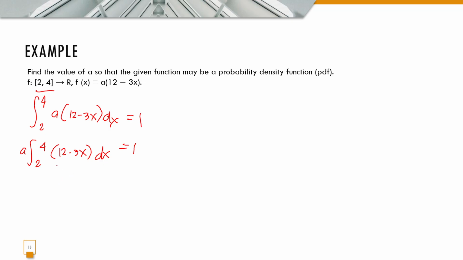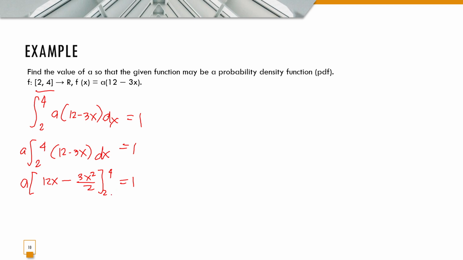So we have to integrate this one. We take the constant a out, and after integrating we have a times 12x minus 3x squared over 2, from 2 to 4, is equal to 1.